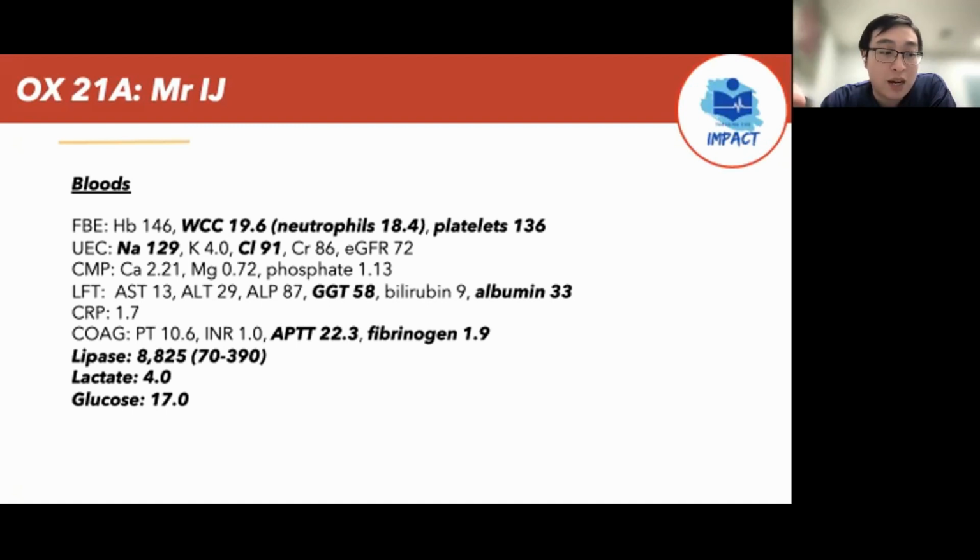The other thing which is a bit cryptic is, I'm not sure if anyone has heard of autoimmune pancreatitis. There are two types of autoimmune pancreatitis, type 1 and type 2. Type 1 is usually associated with IgG4 related disease, whereas type 2 is usually associated with inflammatory bowel disease.